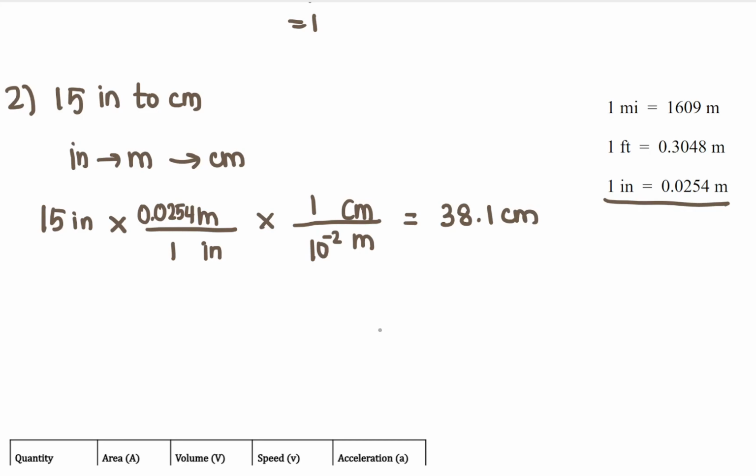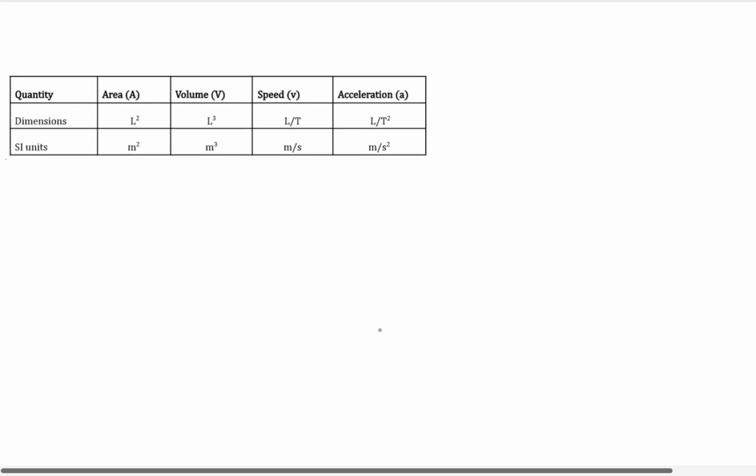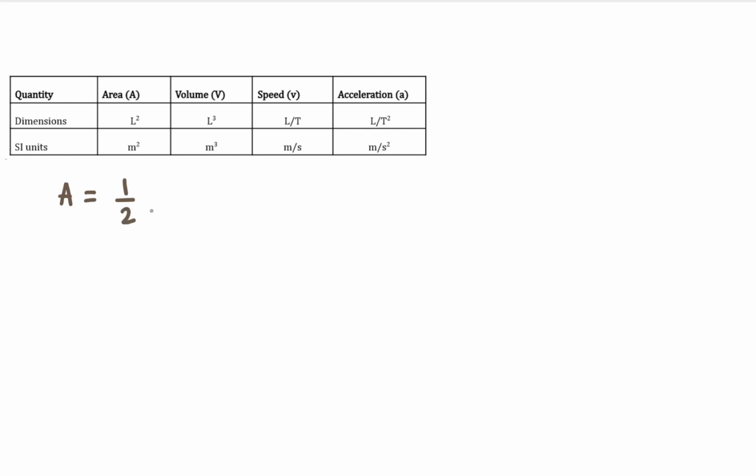Now let's move on to dimensions. Unlike units, which indicate quantities, dimensions describe what's being measured. Here we have a table with dimension and SI unit for area, volume, speed, and acceleration. Let's see how dimensions are obtained. For example, let's take the area of a triangle, which equals 1/2 times base times height.